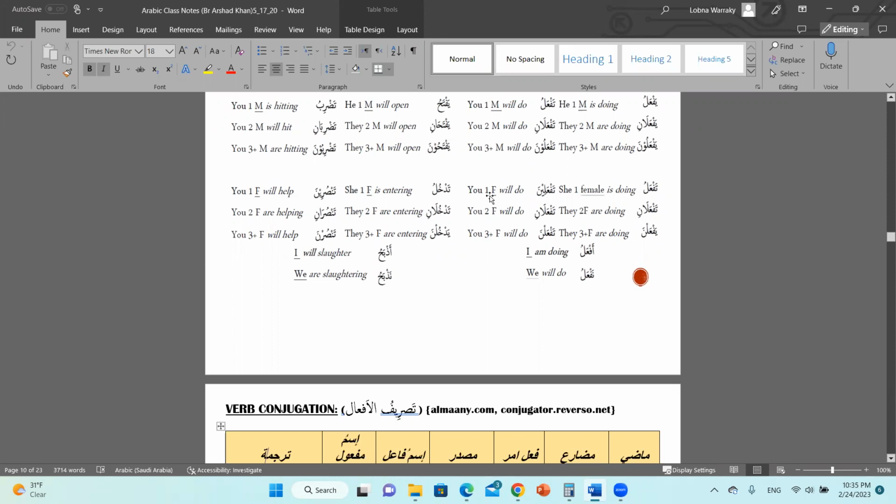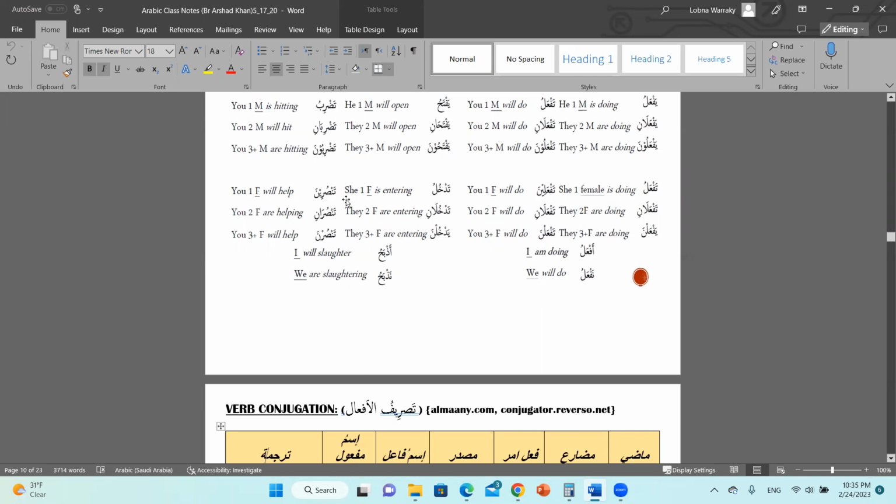Actually, for that form, ignore that example. That wasn't a good example. تدخلان is two people entering. يدخلن. So if I say النساء يدخلن المسجد, the women entered the masjid. تنصرين is basically to help somebody.